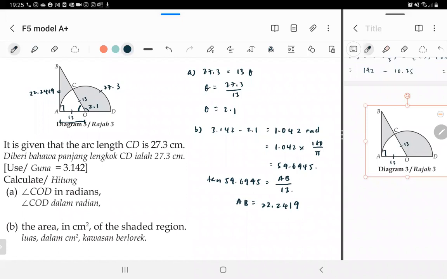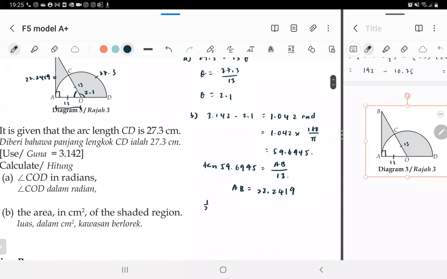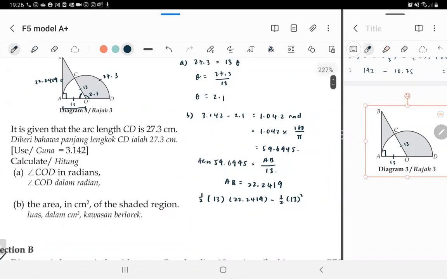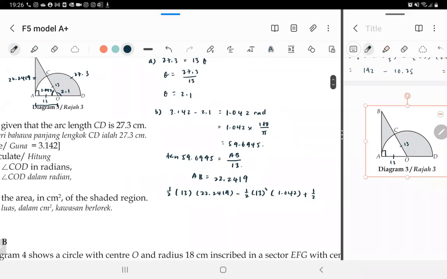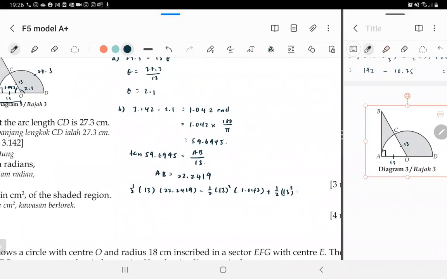Can do? Can do? Yeah, can do. 13 times 22.2419 minus the sector, 1 over 2, 13 squared theta, then plus another sector, 1/2, 13 squared, theta 2.1.